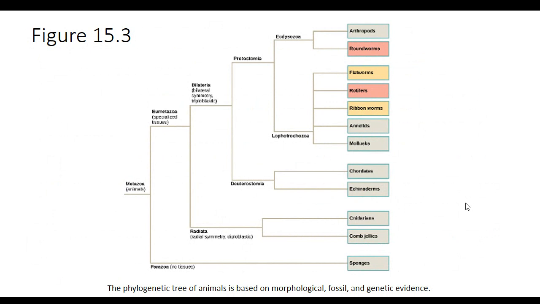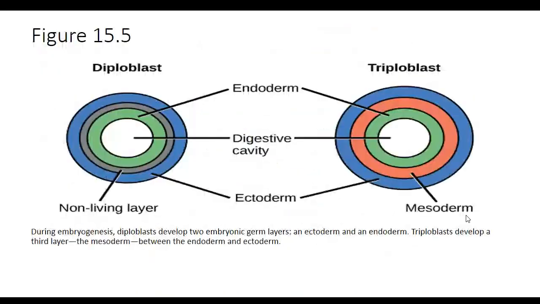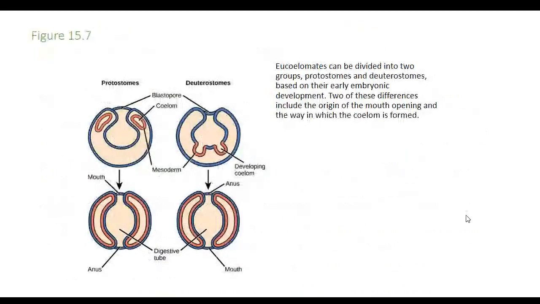That means the anus forms first, the mouth forms second, and that's the chordates and the echinoderms. So the animals like us, vertebrate animals, and the starfish group. They're the only ones that have that deuterostome development.